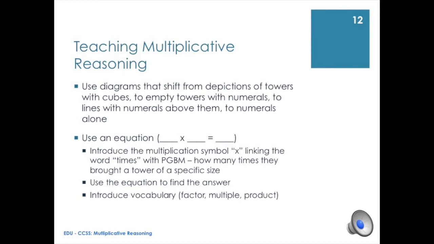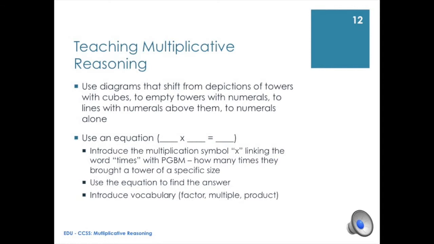We suggest that this is a good time to introduce the symbolic equation that we use for multiplication. You can introduce the symbol x as meaning the number of times that we brought a tower of a certain size. When we do this, we find that students make a really strong link between the symbolic representation of the situation and their understanding of what's happening in the story.